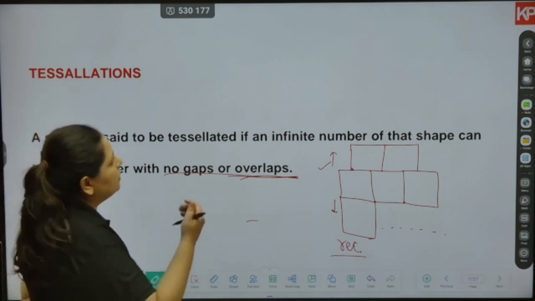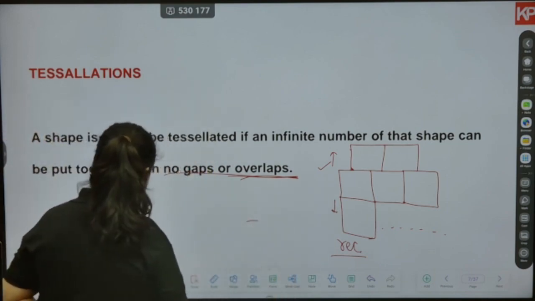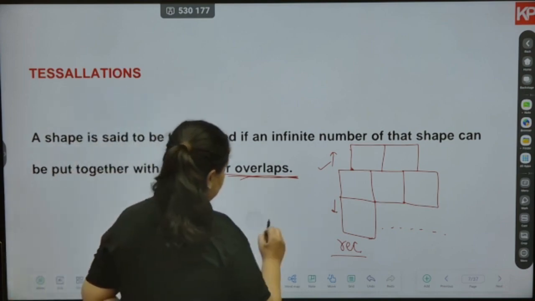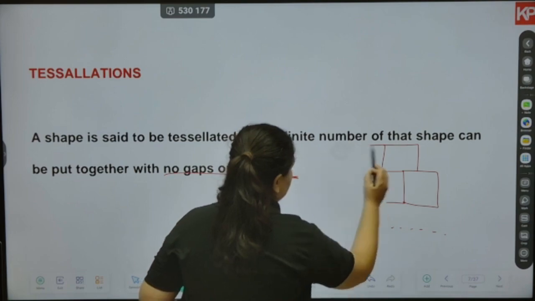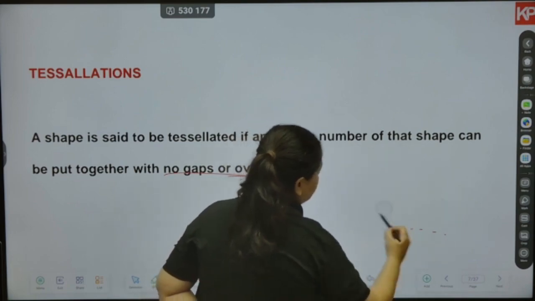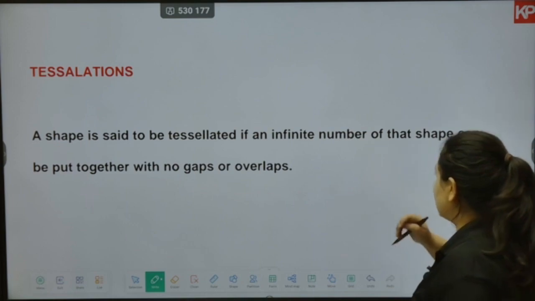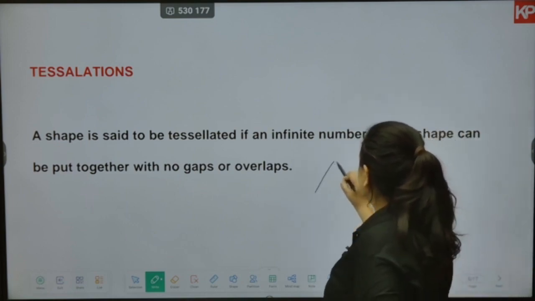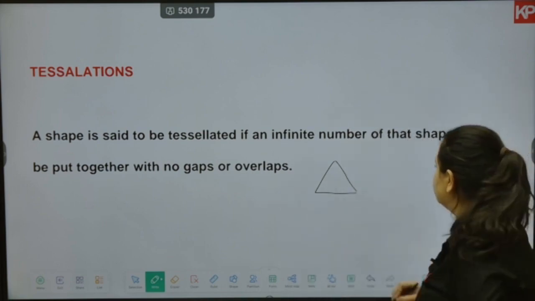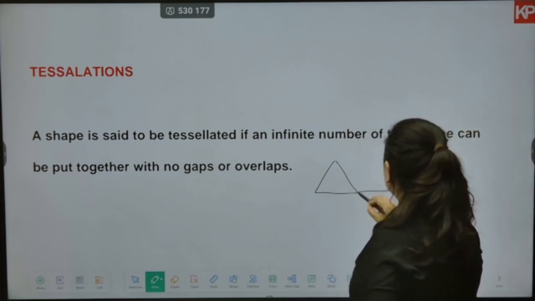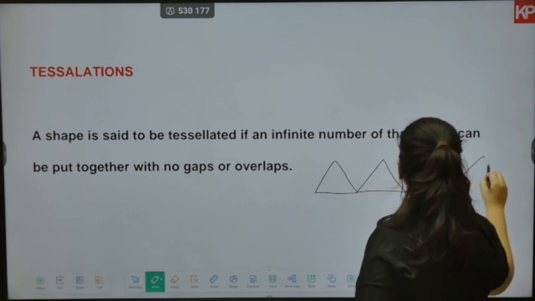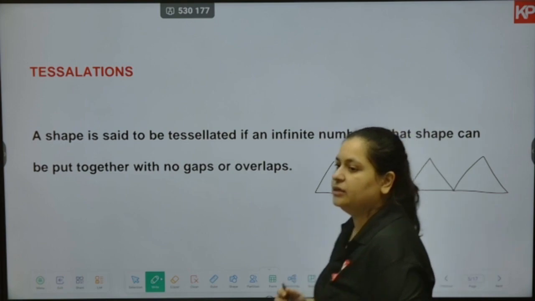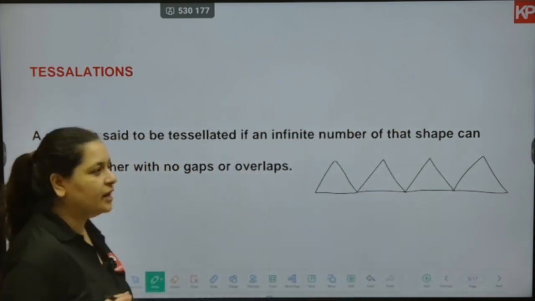Now let us talk about a triangle and see what happens in that case. For example, let's say we take a triangle. Can this shape tessellate? Let's check. Let's keep on drawing triangles vertex to vertex and let's see what happens. Here you may say that the triangle is leaving gaps.